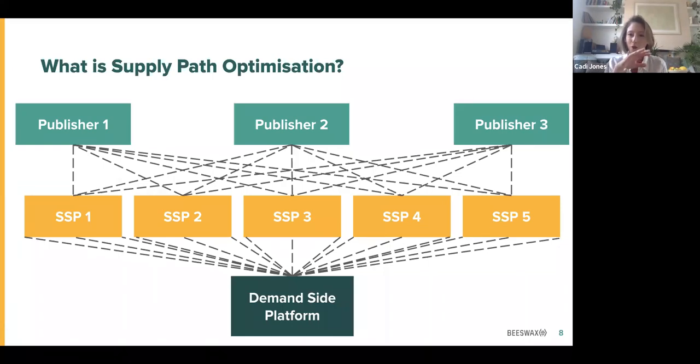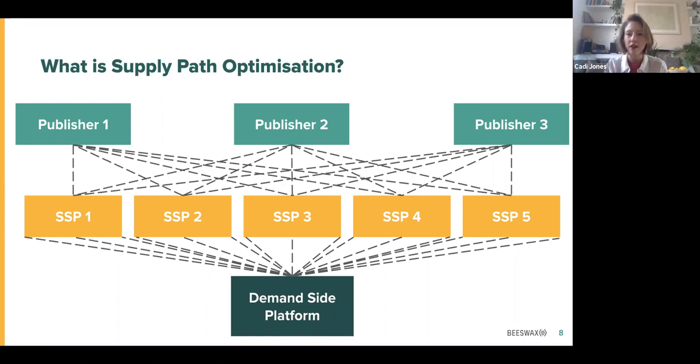And with that volume of publishers, you can really start to get a picture of the huge volume of duplication that's happening, and the additional strain that that's putting on the computational power of the people who are receiving those bid requests.